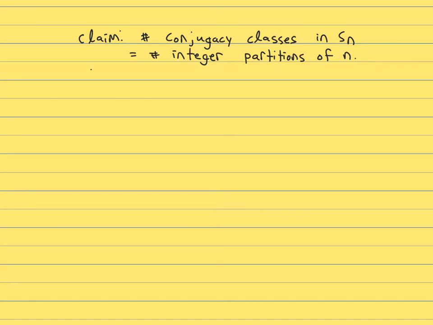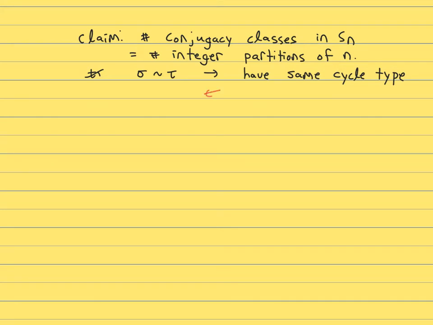So if sigma and tau are conjugate, they have the same cycle type. So the proof of the claim is actually showing the converse.